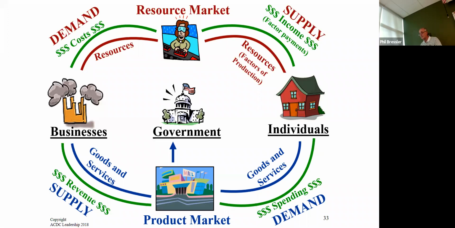And in return, they get dollars, revenue there. In the resource market, businesses demand and households supply. So I go to the resource market, Calvert Hall hires me. So I get income there. And then businesses demand the resource.